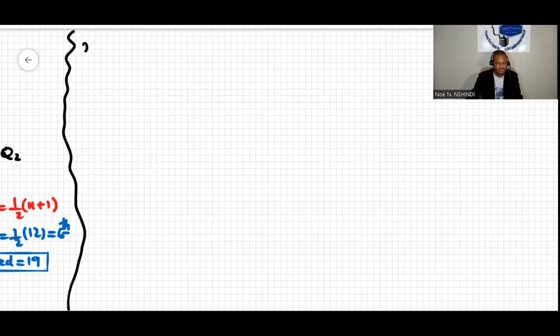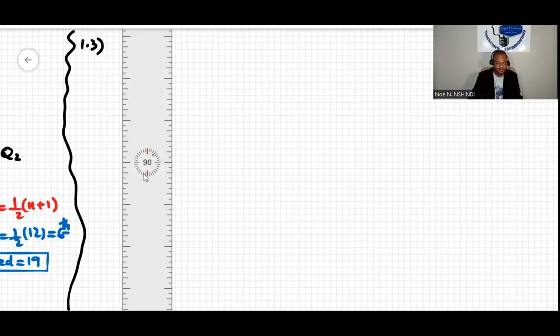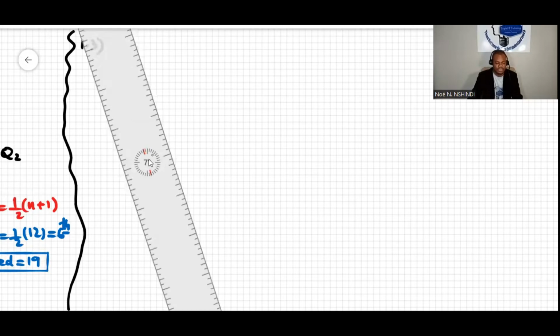That's question 1.3. We want to draw the number line. The scale given starts from 6 with a scale of 4. So I'm going to draw the lines over here.